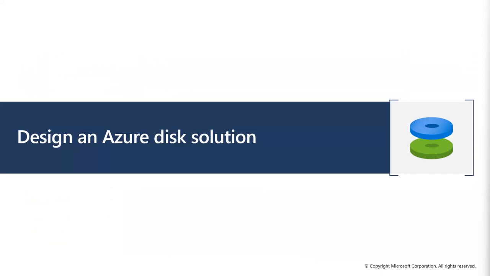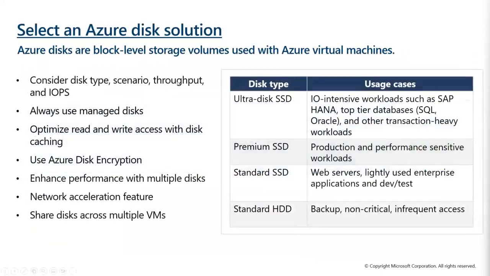When we create a virtual machine, the virtual hard drive or hard drives that we assign to the computer are actually stored in a storage account. By default, this is a hidden storage account on the backend that we don't actually work with. That storage account exists to have our disks available for the computer to be used.